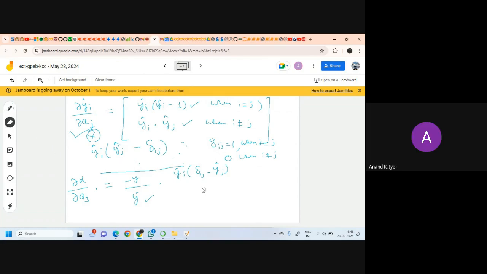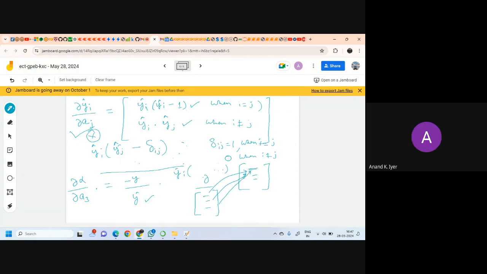What are i and j again? I and j are like this. When we take a derivative of a vector with respect to another vector, this value will get a derivative from this also, and from this also.